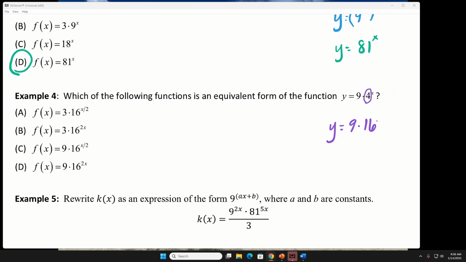Would it be x divided by 2? Yes. I just think like 1/2 x, but it's the same thing. So just make sure after you write what you think it is, just look back at the problem, make sure this is the same as that. 16 to the 1/2 is the square root of 16, and that is 4. So that is, he's right, it's 16 raised to the x over 2.